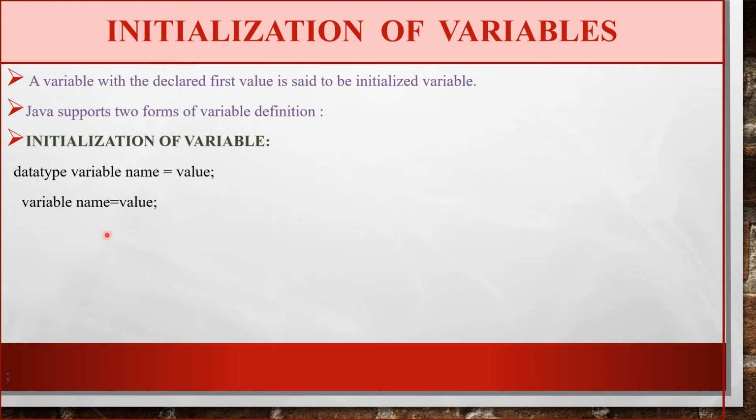But if we use the declaration part separately and want to write the initialization statement separately, then we first write the declaration part, that is data type, variable name and a semicolon. That will be only the declaration of the variable. Then in the next statement we may write variable name equals value. This will be the initialization statement.